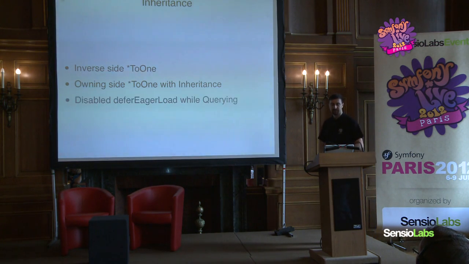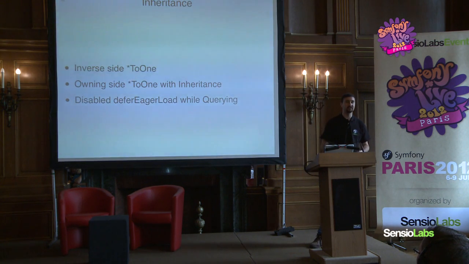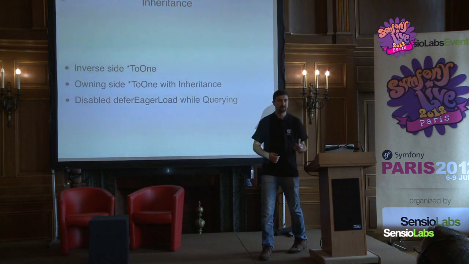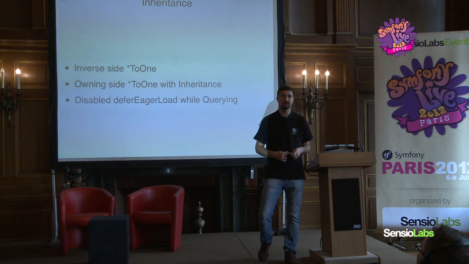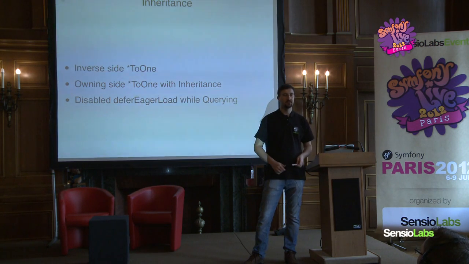And the third one is whenever you are querying things, with all the fetch eagers, you have an ability to actually tell, hey, just defer this execution. And then it's going to act as lazy. But even if you have defined defer eager load, if you have an inheritance at one side of the association, it's going to say, hey, you know what?